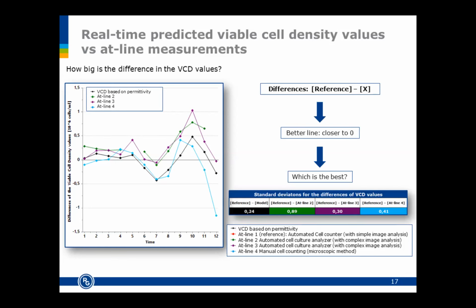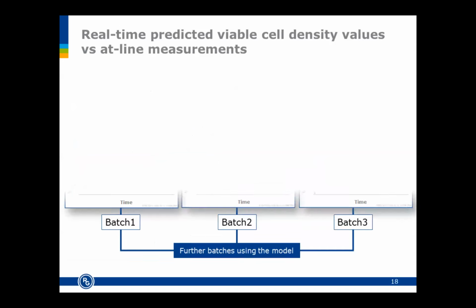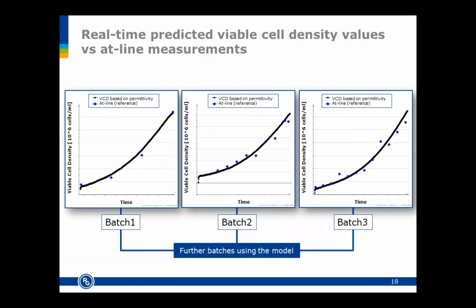So we can conclude here that the inline predicted VCD values were closer to the at-line reference equipment than other at-line measurements, which is, I think, a fantastic result, and it confirms the usability of this model.